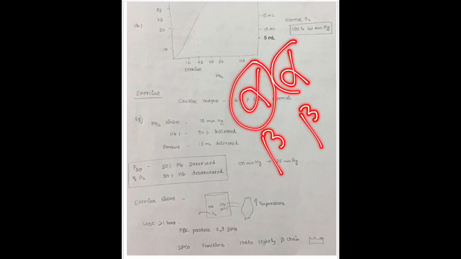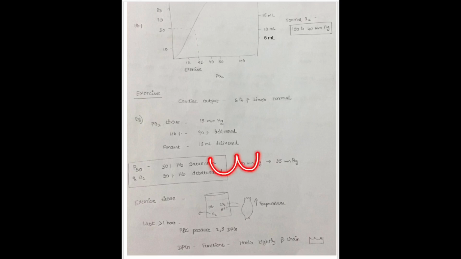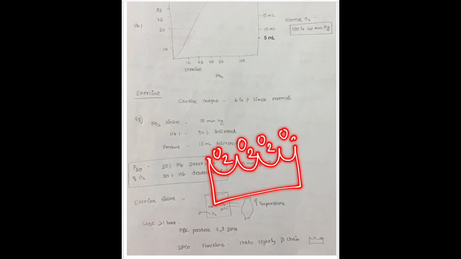Each chain has a separate pocket. So in a normal hemoglobin molecule, each hemoglobin pocket has oxygen molecules in it. When 2,3-DPG comes inside, 2 pockets are held tightly by the 2,3-DPG.